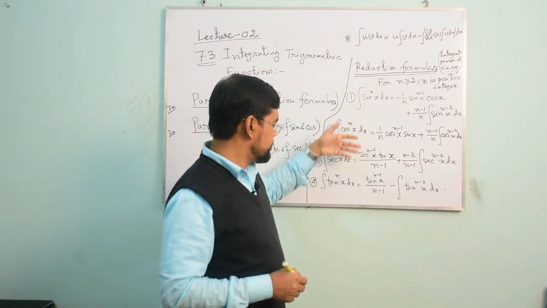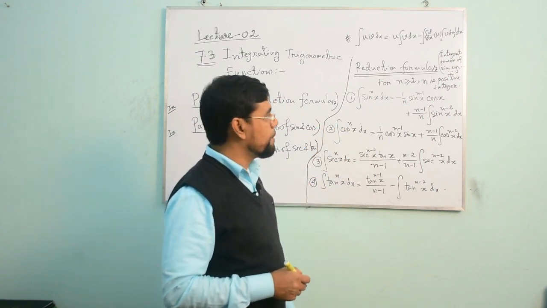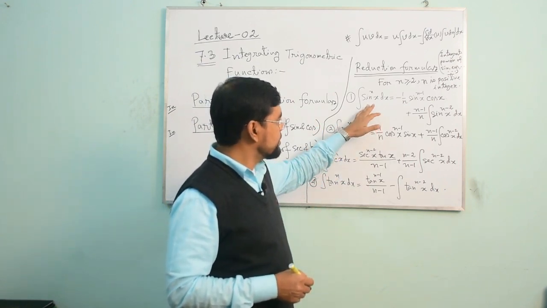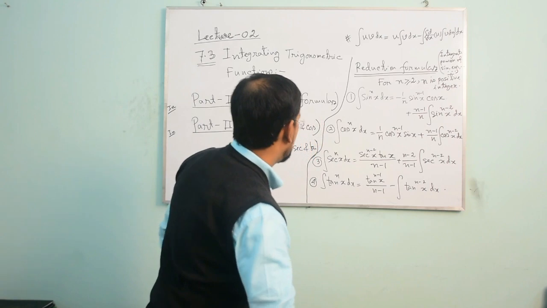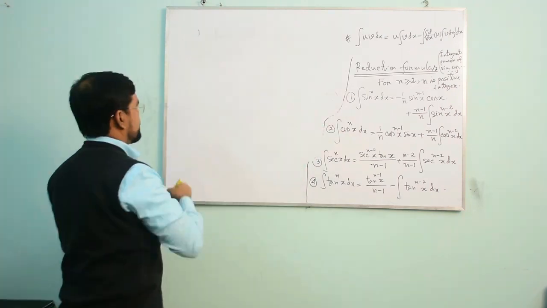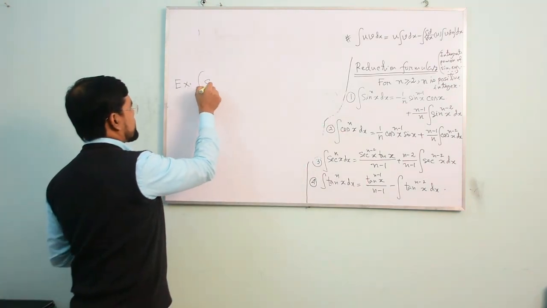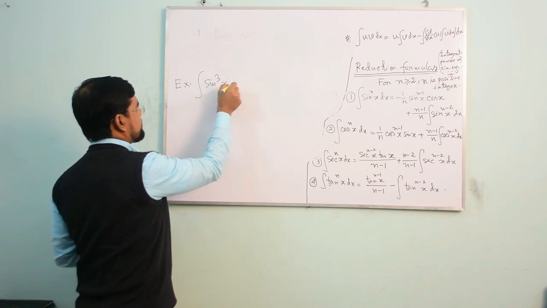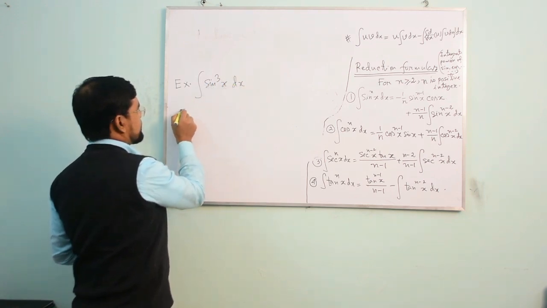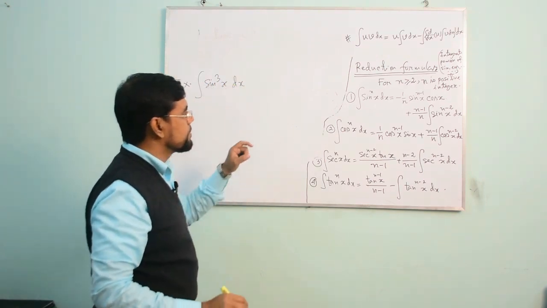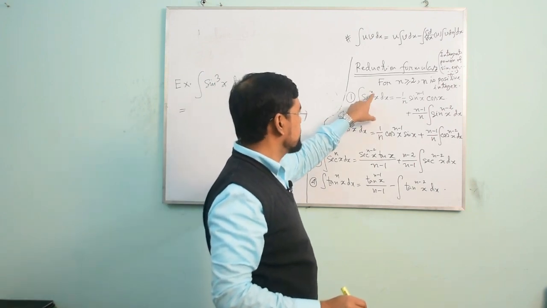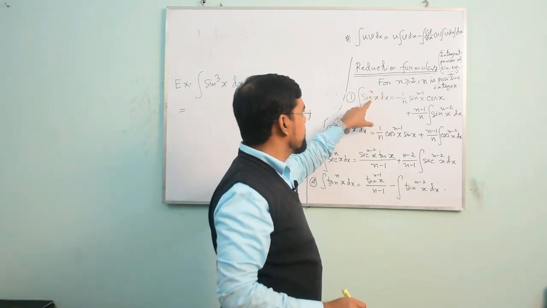Let us try to prove this formula first, and before that let me show an example of how we can use it. For example, let us integrate sine to the power 3 of x. By using this formula, I just need to replace n by 3.